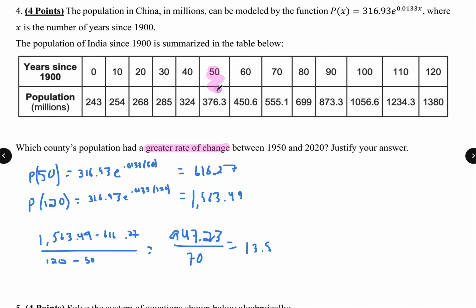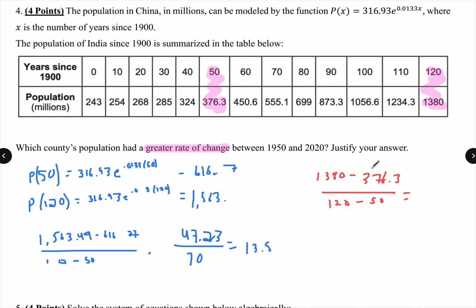So 1950 would be 50 years. And then, of course, 2020 would be 120 years. I have to just say, well, what was my outputs? My outputs were 1,380 minus 376.3, all over what? 120 minus 50.